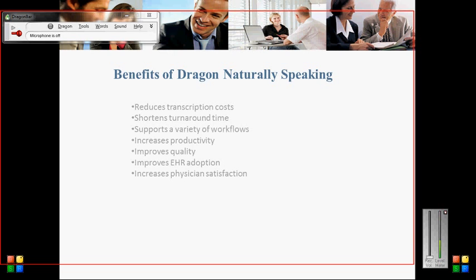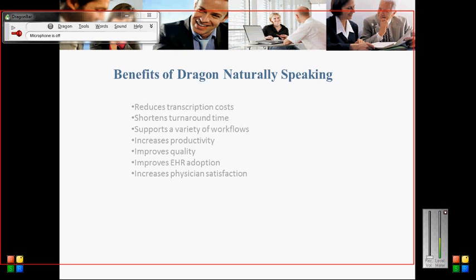So basically, your flow of thought, you get to speak more. You can probably say one paragraph faster than typing one paragraph. So it increases their productivity because as opposed to typing, they can just dictate their notes or portions of their notes, and they would be able to complete their notes in a faster and more efficient way.